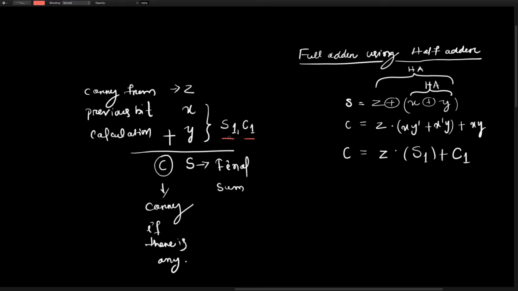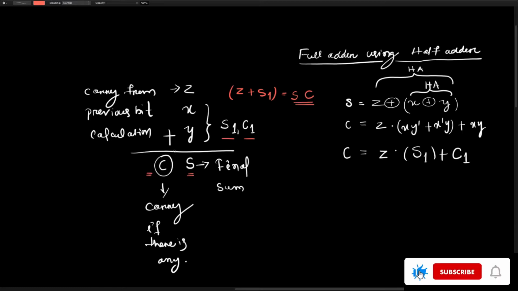After that, you have to add Z plus S1, because the third bit, the carry bit, is there. The summation from x and y is S1, and you add that with Z, the carry from the previous bit. That gives you your final result S, and it may also give a carry, which we name C.